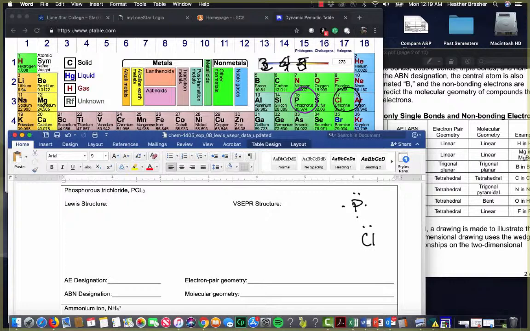And chlorine is 7. So this guy has 3 capability to making bonds. This is only 1. So the circled is going to be our centralized atom, and realize there's 3 times of these. So we're going to write this.